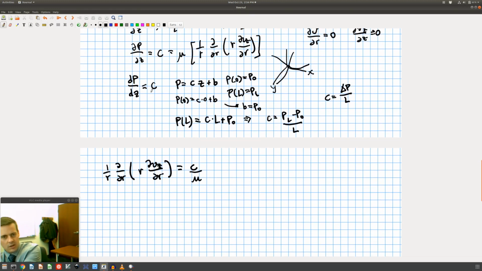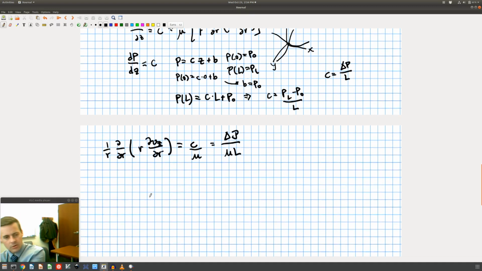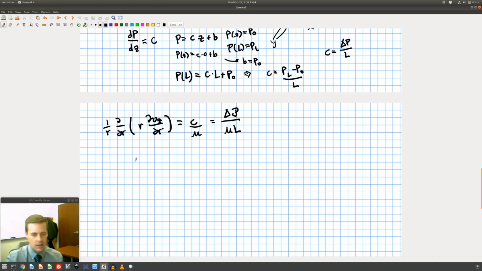I just divided the mu over so I didn't have to put brackets, which I said was delta dynamic p over mu L. All right, so now what do I do here? Well, I'm going to separate and integrate. I'm going to put on this side the derivative of r. I'm going to write those as total derivatives, so I'm making the partial derivatives go to total derivatives because Vz is a function of r only.